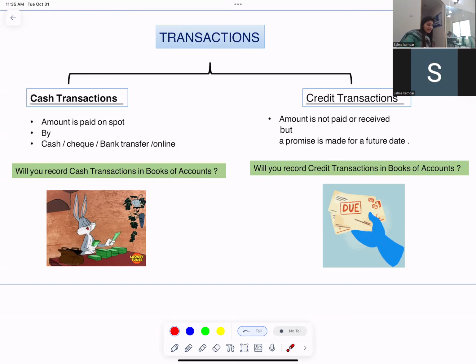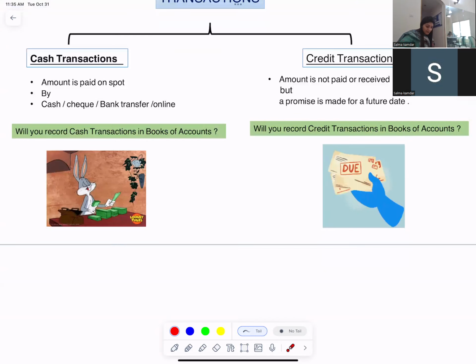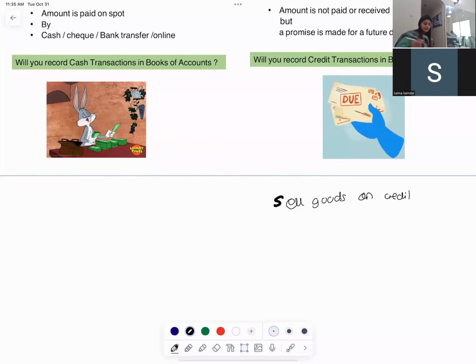We will sell the goods on credit to people who are called what? Trade receivables. And we will purchase the goods on credit from people who are called trade payables.